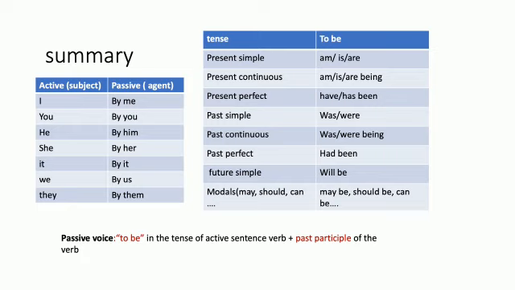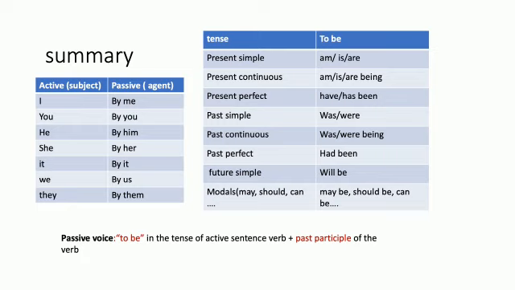Each one follows its personal pronoun: for example, I am, he, she, it is, and you, we, they are. Present continuous: am, is or are, and you have to choose depending on the subject of the sentence.